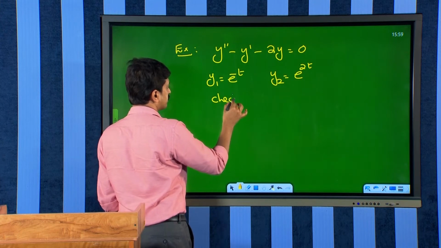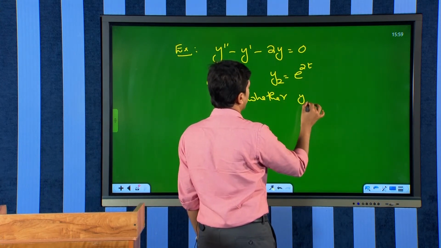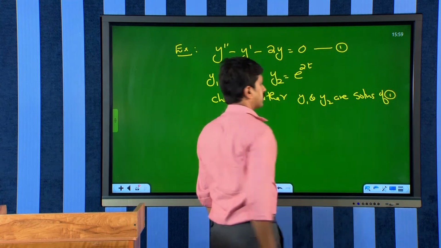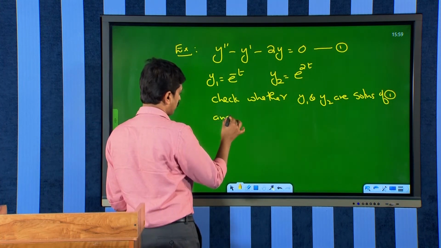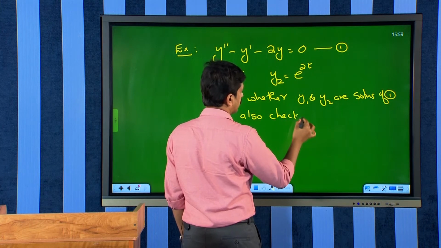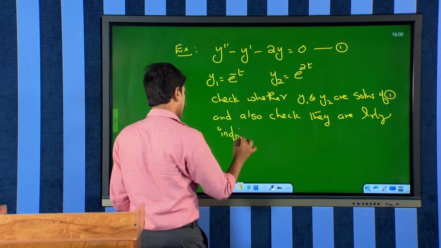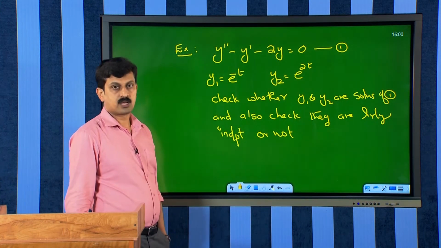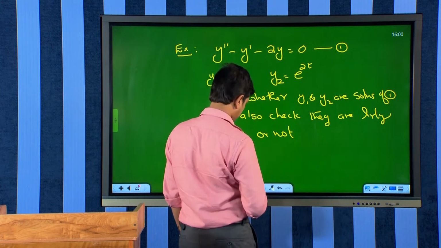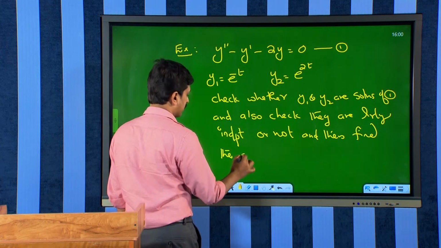Our task is to check whether y1 and y2 are solutions of the given differential equation 1, also check whether they are linearly independent or not, and then find the general solution.